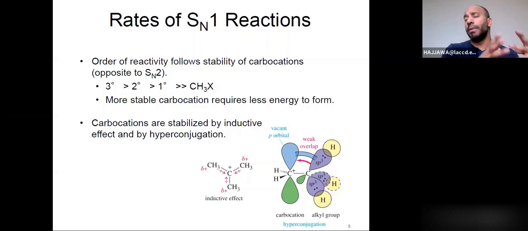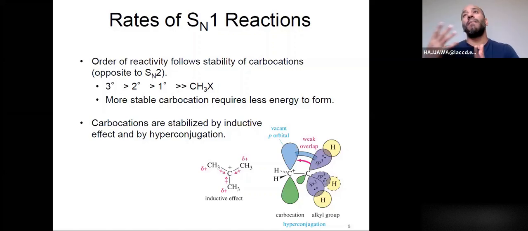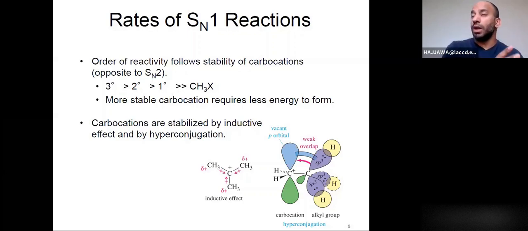Benzylic carbon will be number 1, allylic will be number 2, tertiary will be number 3, secondary will be number 4. Primary and methyl X rarely go through SN1. Now, the stability of the benzylic and the allylic carbocations is due to resonance stabilization. Go back to chapter 4 and review that part that justifies the stability of the benzylic carbocation and the allylic carbocation.